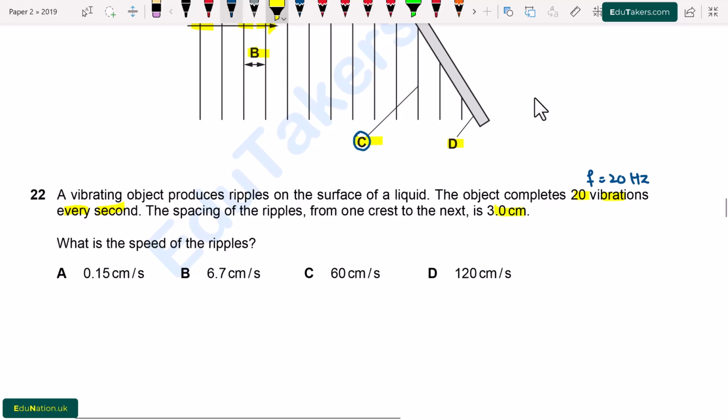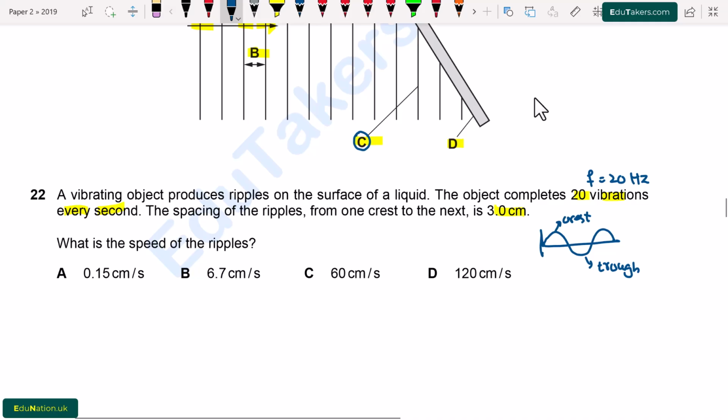So first of all, I consider a wave. The upper portion of this line is crest, while the lower portion is trough. Here it is given that the spacing of the ripples is from one crest to the next.